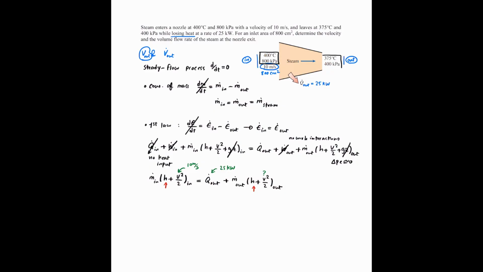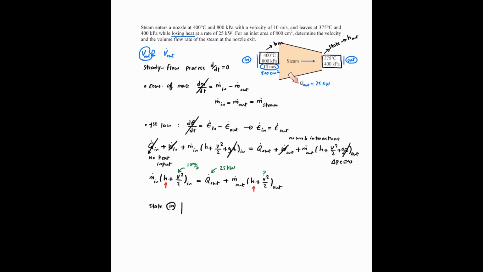At the outlet, temperatures and pressures are also given. Based on the definition of the state postulate, two independent intensive properties are given, so I need to determine the state. Then based on the state, I can go to the corresponding table and read the enthalpies, h out and h in. So let's determine the states.